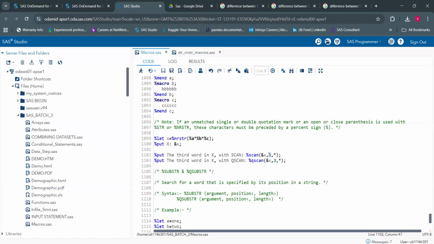A string, comma, the position, comma, the delimiter. The delimiter is optional. Either we can use it or we can omit it. So here, what does &x have? %a*%b*%c. So what is 3 here? Third position I gave.